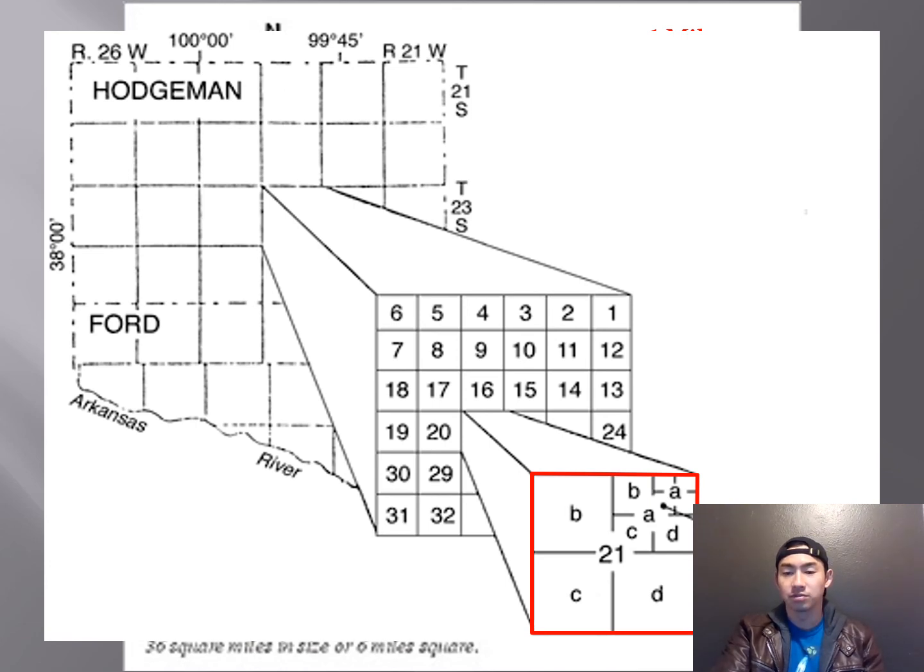So we further break this down into individual quadrants. If we look at the red square that is highlighted, that is the northeast quadrant of section 21. And if we look at where it's subdivided again at C, it is the southwest quadrant.